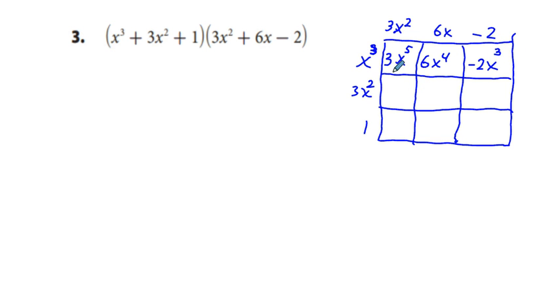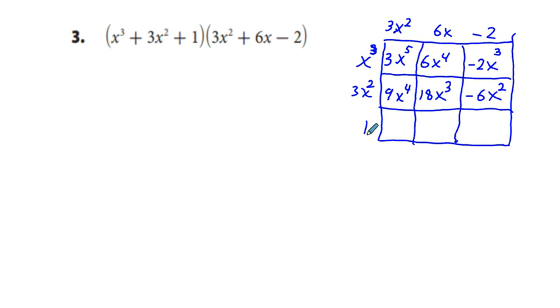And our second row is going to be 3x squared times 3x squared, which is going to be 9x to the fourth power. And then 3x squared times 6x is going to be 18x cubed. And then we have negative 2 times 3x squared, which is minus 6x squared.